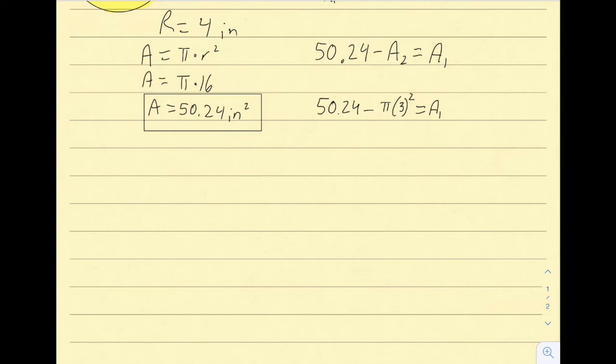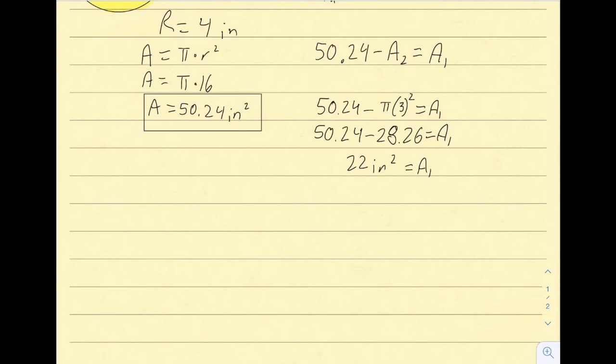So 3 squared is 9. 9 times 3.14 is 28.26. So that's 50.24 minus 28.26 gives me A1. When I work that out and round it, I'm getting 22 inches squared.